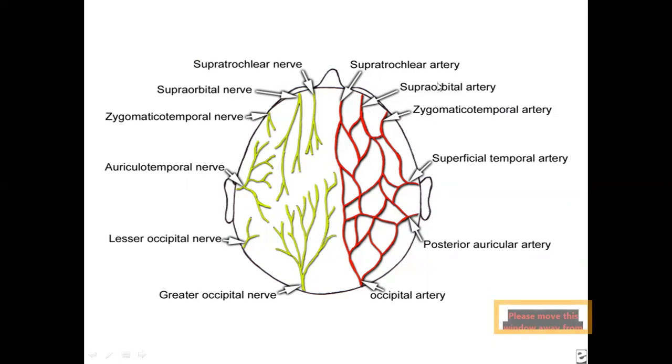Except supratrochlear and supraorbital, all the branches we are seeing are the branches of external carotid. Only supratrochlear and supraorbital are the branches of internal carotid through the ophthalmic branch. They come from the eye, they ascend over the forehead and then they enter into the scalp.